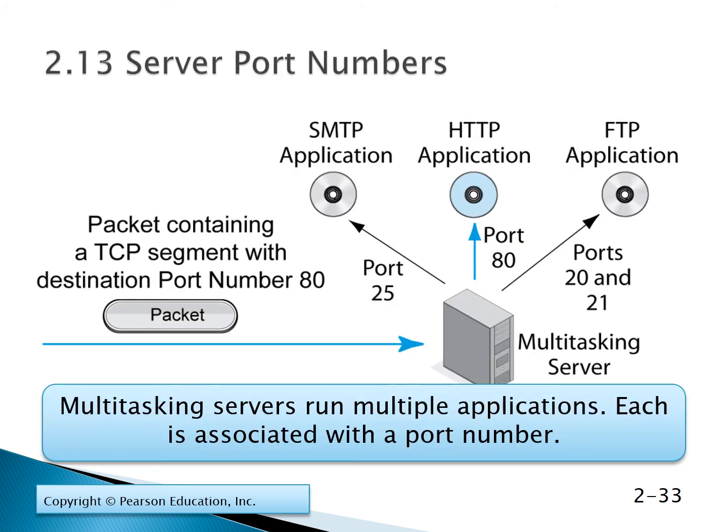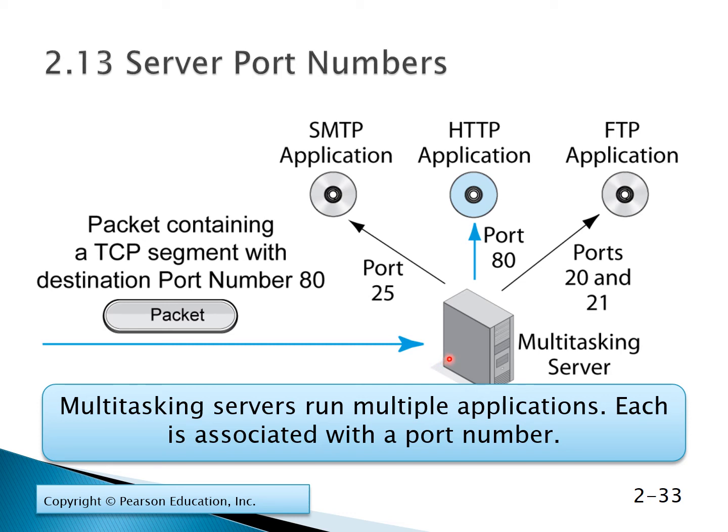In both TCP and UDP, we saw the port number. The mechanism of using port numbers is important for multitasking servers, and also to decide which applications should receive the message. For example, a packet containing a TCP segment with destination port number 80 is being sent to the IP address of this server.